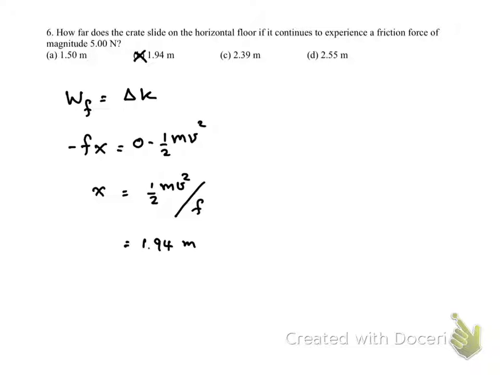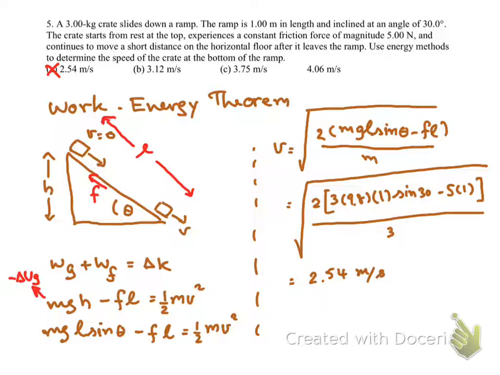Now, the last one. How far does the cart slide on the horizontal floor if it continues to experience a friction force of magnitude 5 Newton? After the cart hits the floor, it may move a little bit more until it stops due to the friction.